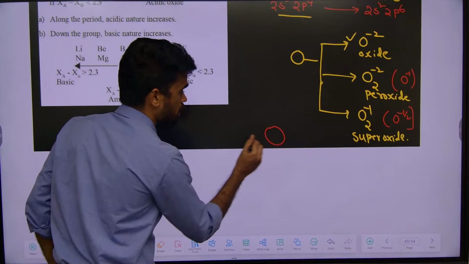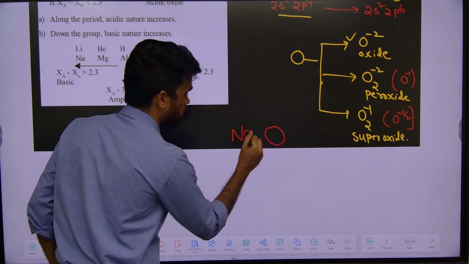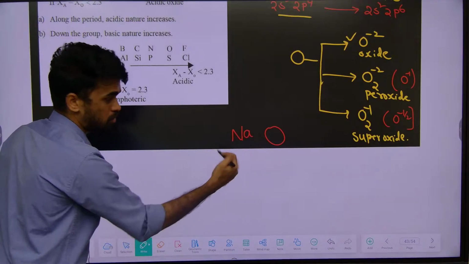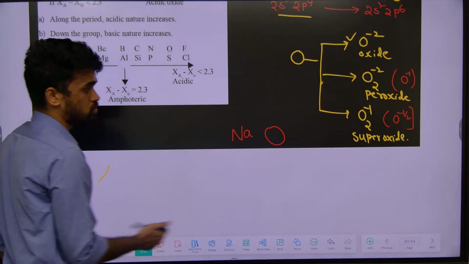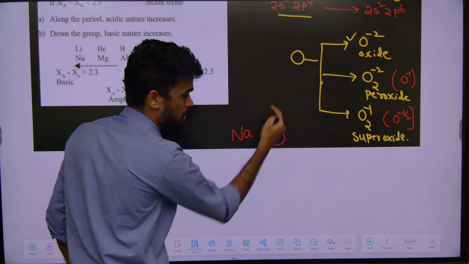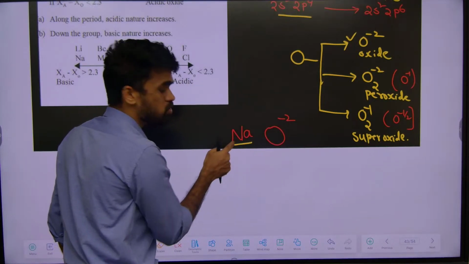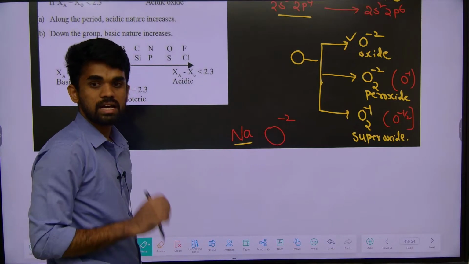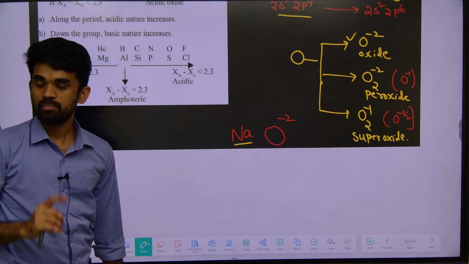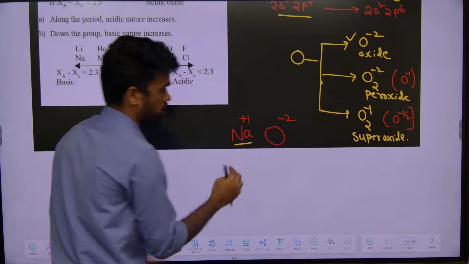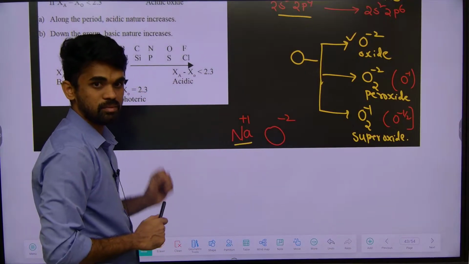So oxygen, let us say combining with sodium. I hope you know how to balance the molecular formula. ఆక్సైడ్ అంటే ఆక్సిజన్ పైన ఏం ఛార్జ్ ఉండాలమ్మా? -2. ఇక్కడ -2 ఉండాలి. Then we know each sodium contains what is the charge? Alkali metals అంటే ఏం ఛార్జ్ ఉంటుంది? +1. అంటే ఇక్కడ 1 ఉంది, ఇక్కడ -2 ఉంది. ఓవరాల్ మాలిక్యూల్ న్యూట్రల్ కావాలంటే నేను ఏం చేయాలి చెప్పండి?